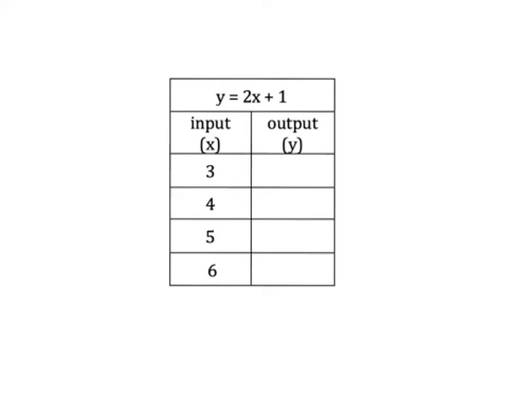Hopefully you've noticed in the Ed puzzle with the animation of the function machine, anytime that there was an equation on that function machine, it looked like this. The y is always on the left hand side of our equal sign.